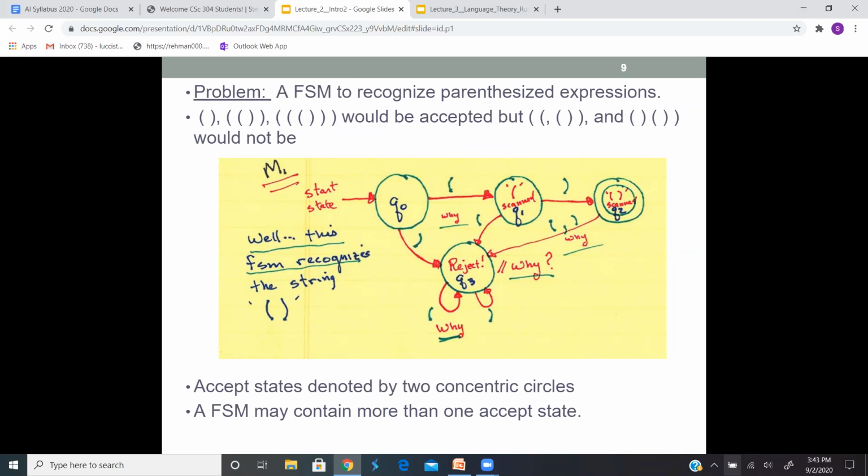All right. And you want to build it to recognize parenthesized expressions. I am sure when you started programming, you got cryptic messages from the compiler, when you were trying to write correctly parenthesized arithmetic expressions.